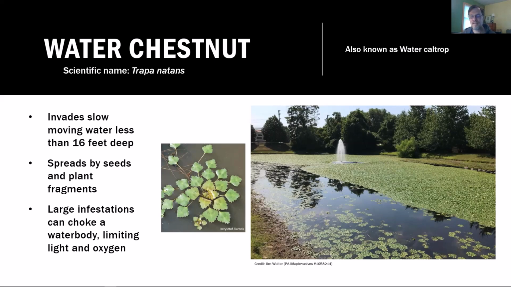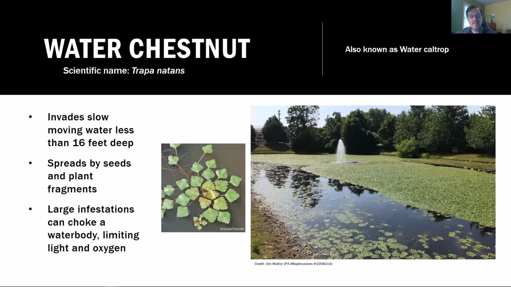So any water that's less than that deep, it can successfully colonize and take over and grow very densely, to the point where oxygen and sunlight are not able to penetrate into the water column anymore. It's a very distinctive plant. This one has no lookalikes.